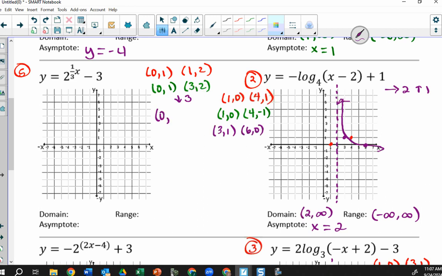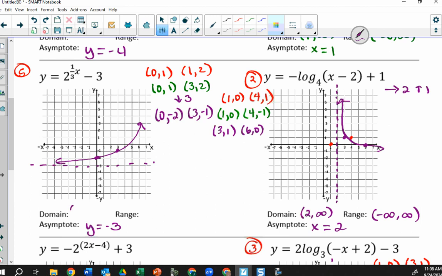So your points should be 0, -2, and 3, -1. X values. Because do you see how it's with the x? Okay.